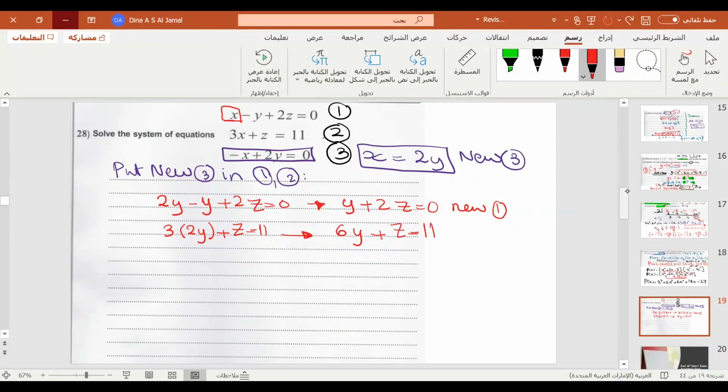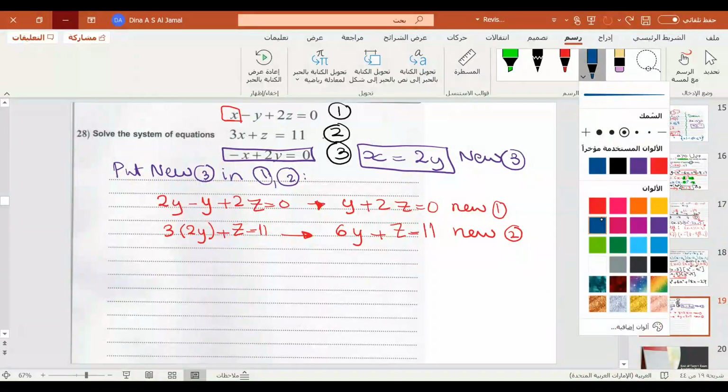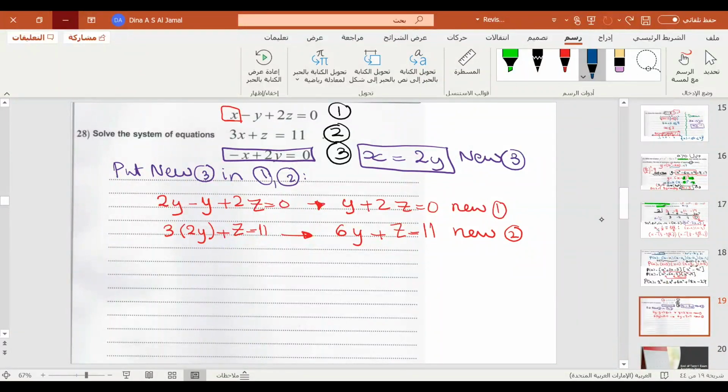And now, this will be your new 2. After this, what you need to do is look at your new 1 and your new 2. Don't you have a system of 2 equations with 2 variables only? And you can easily solve it with elimination or substitution.